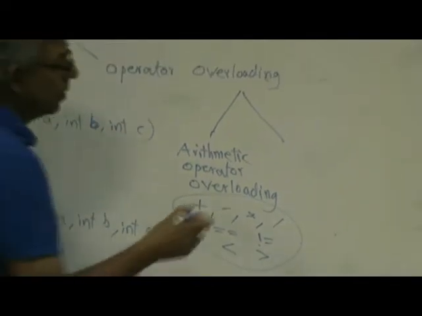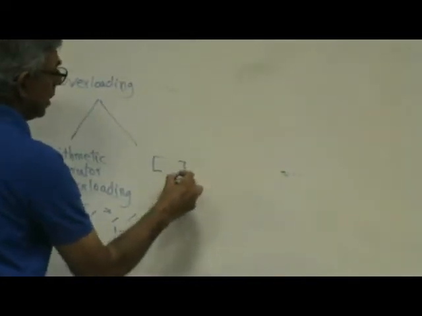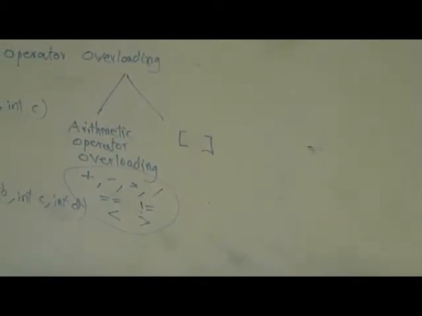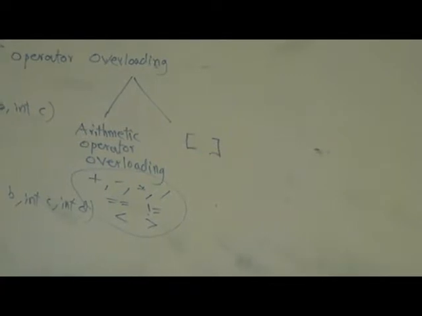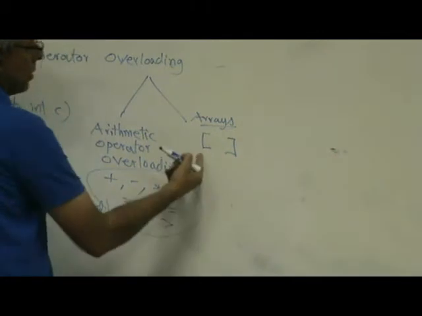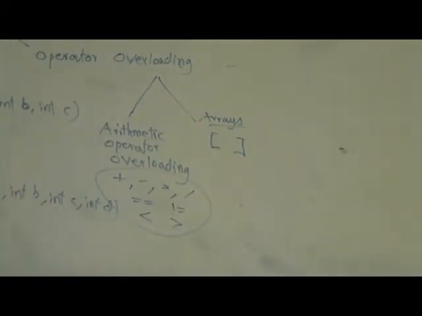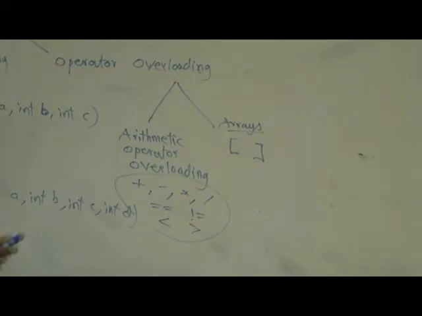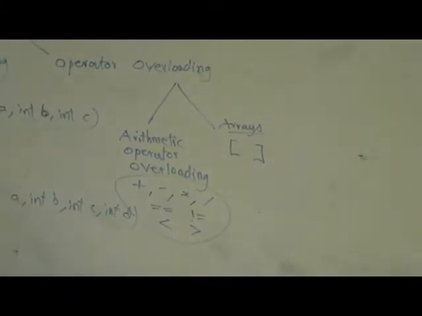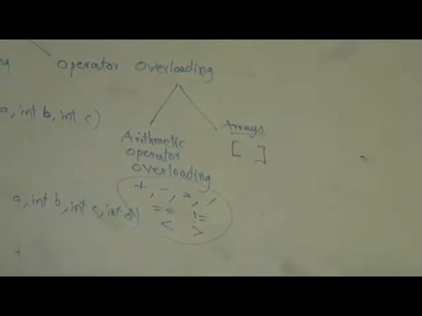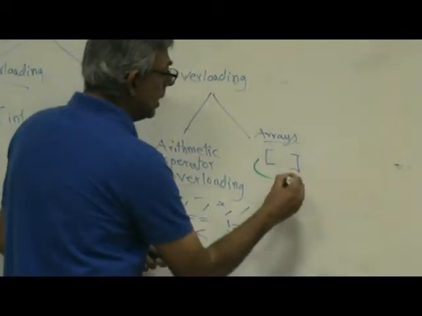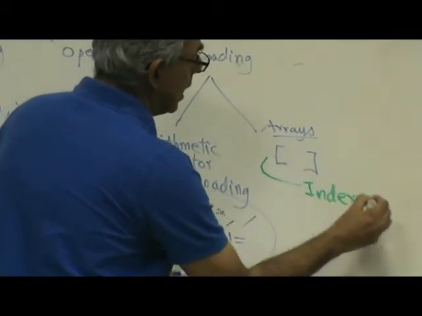We can also overload the square brackets, because remember, once we create arrays, we index them through square brackets. So basically for arrays, we use square brackets, so these can also be overloaded. Now in C++, the overloading for both of these is treated uniformly. C# divides these in 2 separate categories. When we overload the square brackets, the technical term is an indexer.